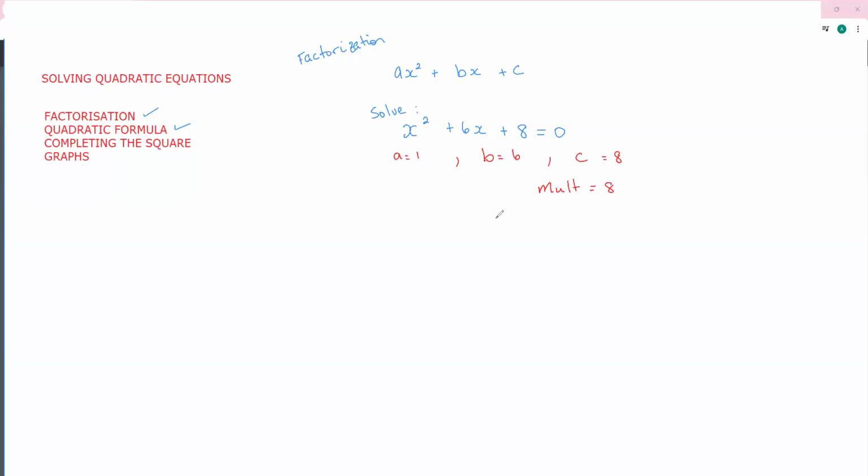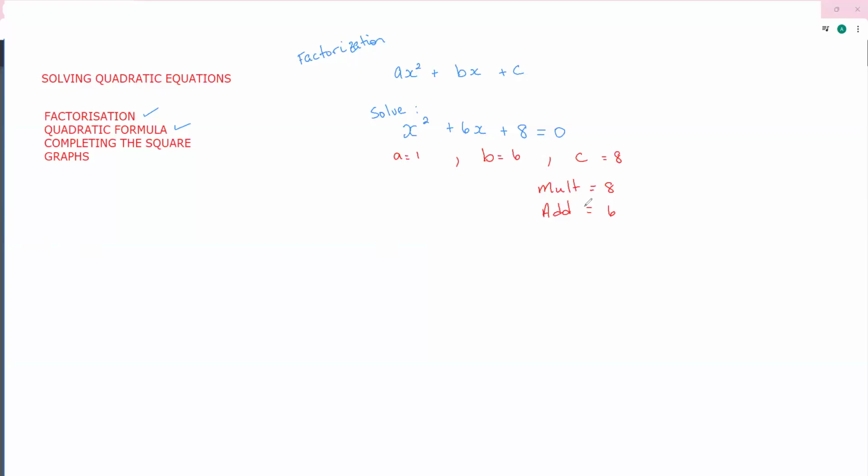Following the rules, remember if you forgot about factorization, you could go back to the last recording on factorization. You have to find two numbers that when we multiply them will give me 8, and when added or subtracted will give me the number in front of X, which is B.